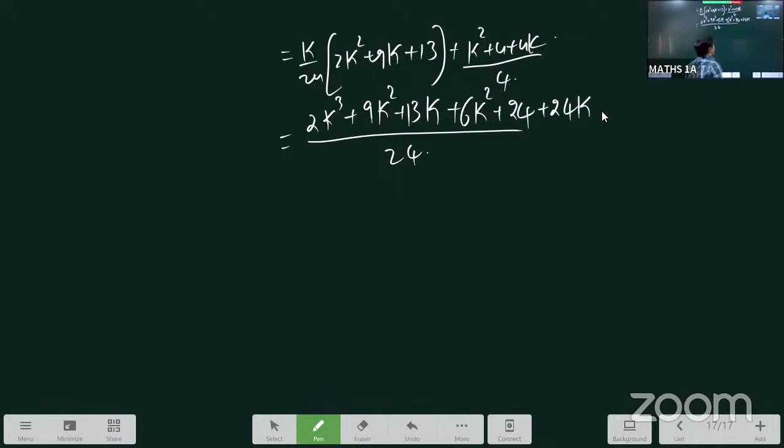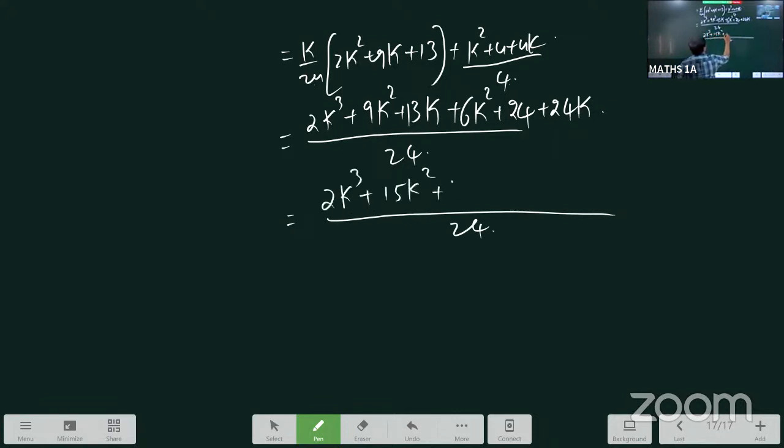I took the LCM. Is it clear? That is nothing but 24 here. That is 2k cube plus 15k square plus 37k plus 24.